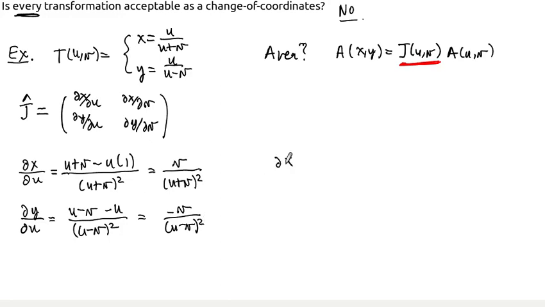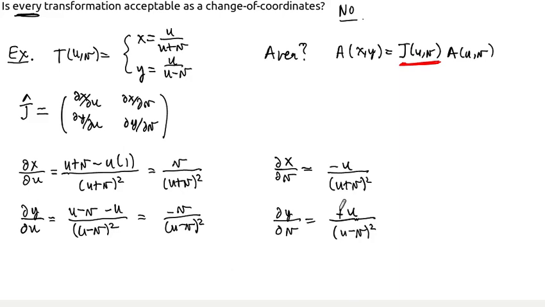For dx dv, the v derivative is just a chain rule, so this will be minus u over (u plus v) squared. And for dy dv, same deal, chain rule, but this time it's minus u over (u minus v) squared times a minus 1 from the v derivative down there, by the chain rule.